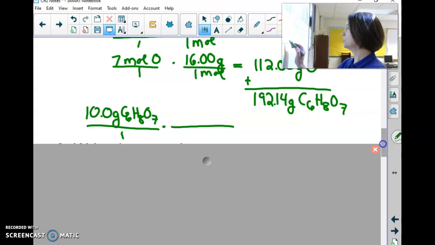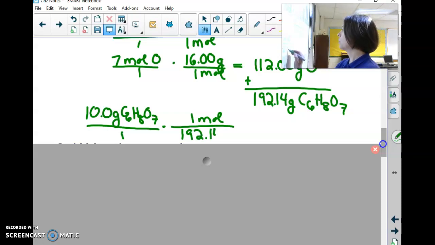So I want to go to moles. So 1 mole has to be on the top, and then on the bottom is going to be the molar mass in grams, which I just calculated, which is 192.14 grams. And then that will get me my answer. I cancel out my units, grams, grams. I'm left with moles. That's what I wanted.